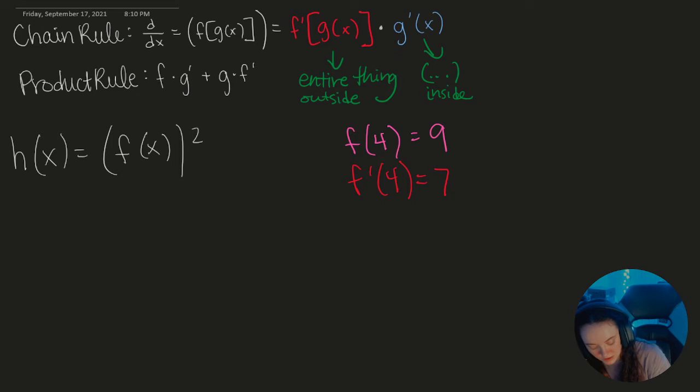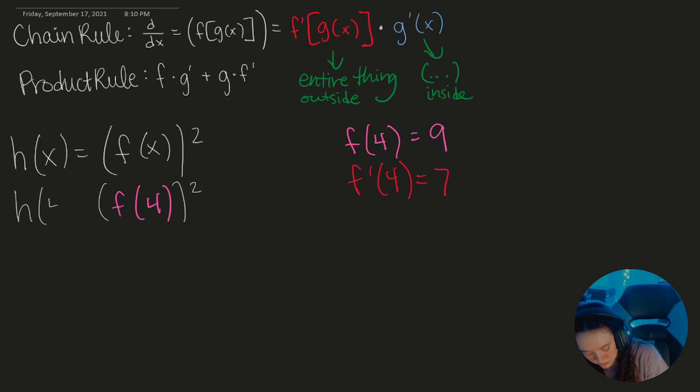Okay? So that just means that in this case right here, it's going to be f of 4 squared. Okay, so our h would also be 4, since that's what we're working with.